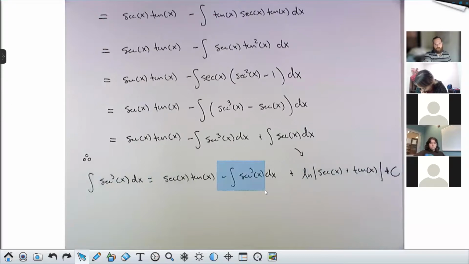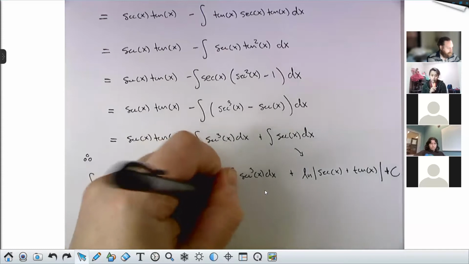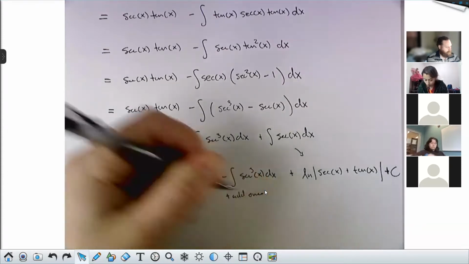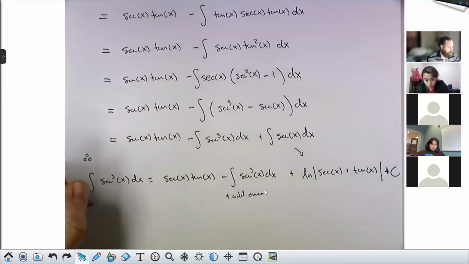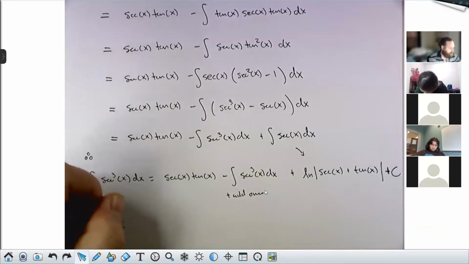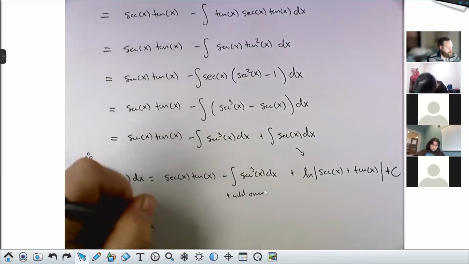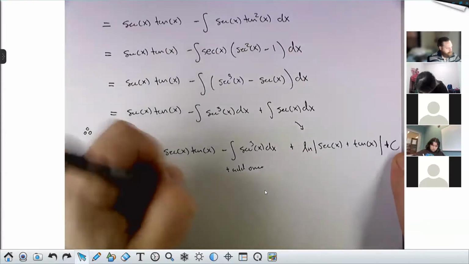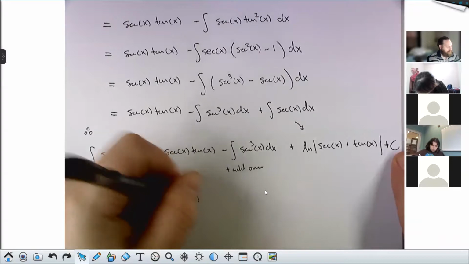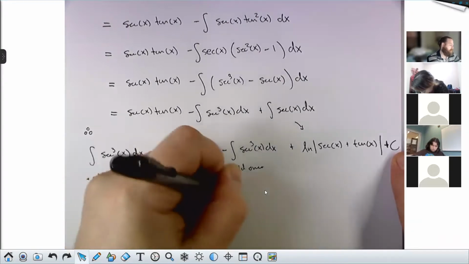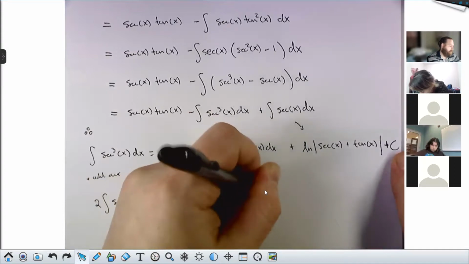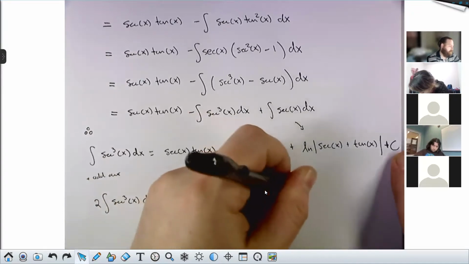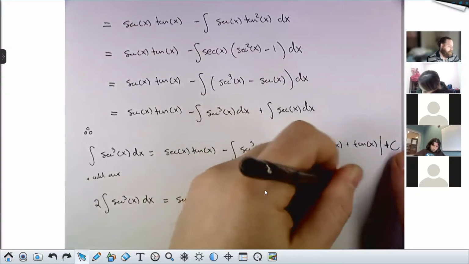So if you add this integral to both sides, you get 2 times the integral of secant cubed x dx, or 2I, if you like that notation where you write I equals blah minus I. You get 2 times that integral equals secant x tangent x plus the natural log of the absolute value of secant x plus tangent x plus a constant.